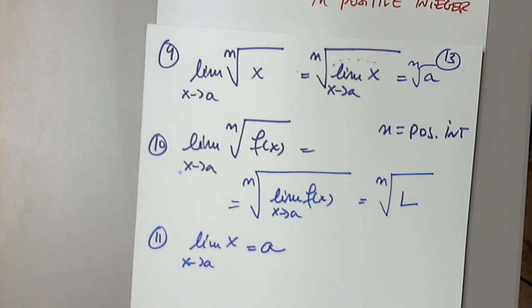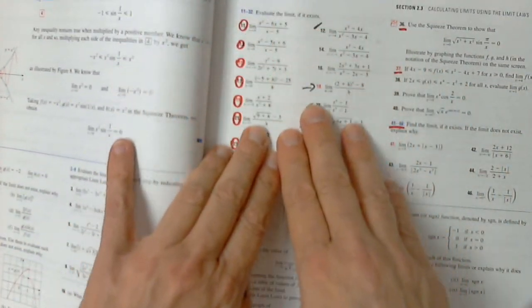Okay, so let's look at a few examples. You choose. Evaluate the limit if it exists. I know we have just 3 minutes left, so let's see if we can go through at least one example.